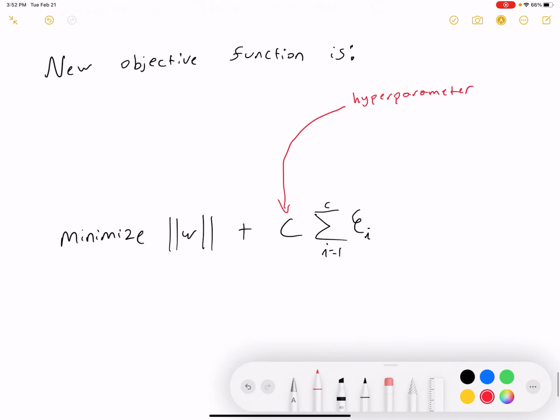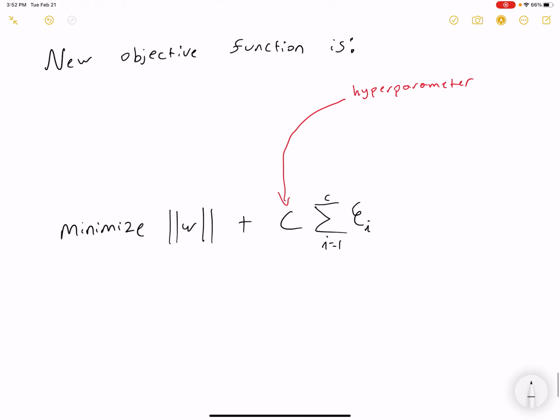So sorry, we're minimizing that subject to, we still have the constraints. So really the same constraint as before. The true value times the predicted value is greater than or equal to 1, but you can subtract out the error from it.